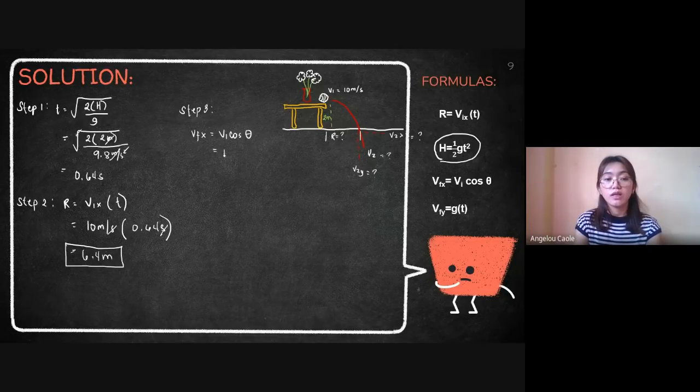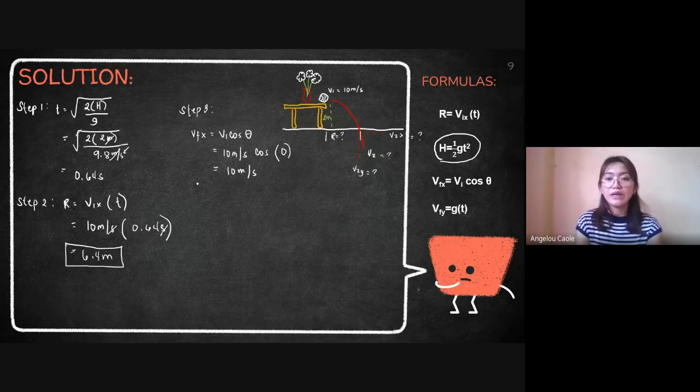Vi is 10 meters per second. Cosine 0, because there is no angle given, and as you can see, vix lies on the x-axis, meaning the angle is always 0. So cosine 0 is 1 times 10 meters per second is 10 meters per second.